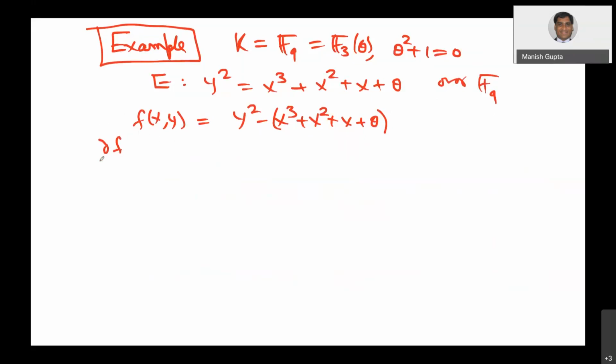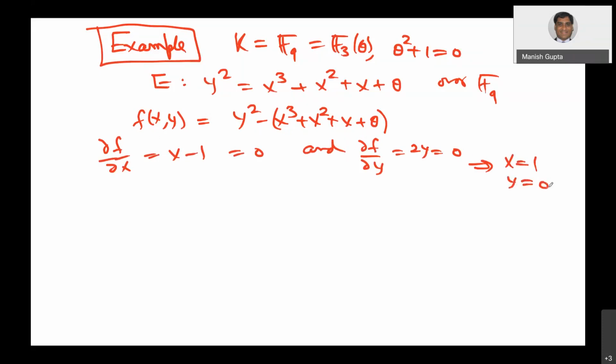Then del f over del x turns out to be x minus 1 equal to 0, and del f over del y is 2y equal to 0. This implies that the point of singularity turns out to be x equal to 1 and y equal to 0, right? But again, you can check by substituting that (1, 0) is not a point on the curve E, right? Therefore, E is an elliptic curve.